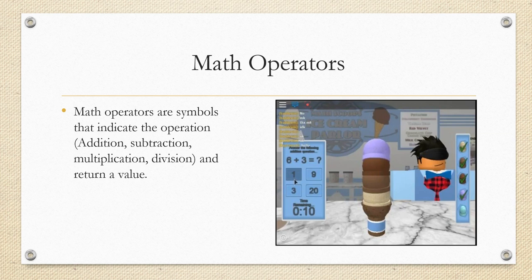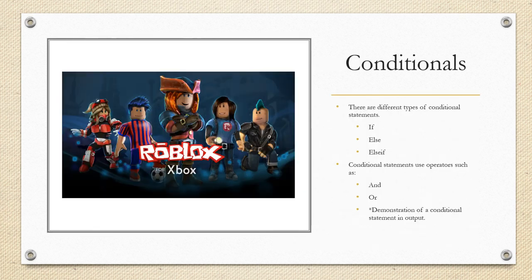Math operators are symbols that indicate the operation, for example, addition, subtraction, multiplication, division, or simply returning a value. As you can see here, there is even math in some of the games that children will play. And a timer. All of that requires programming and knowing about variables, of course.